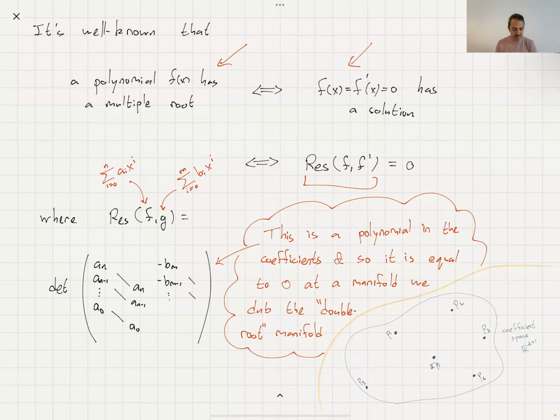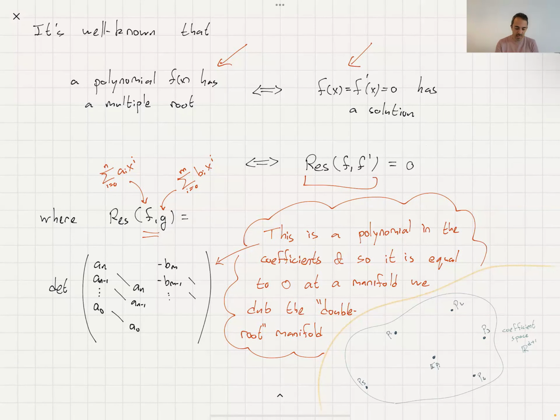So what's the resultant? Again, I stress that you don't really need all of that for the proofs, but it's good to know, and it gives a motivation. So what is the resultant? Well, the resultant of two polynomials is the determinant of some matrix that encodes the coefficients of these polynomials in some way.